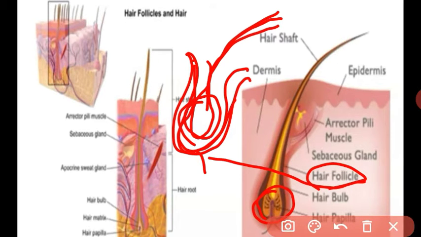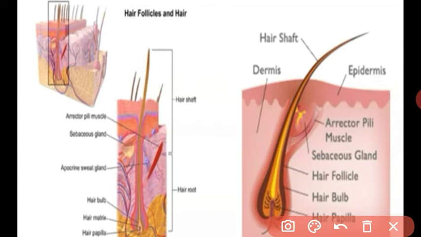In the hair bulb there are some papillae, meaning projections like that. These projections are called the hair papillae, and these papillae supply blood to the hair. Got it? The hair follicle and hair bulb together are responsible for the growth of hair.